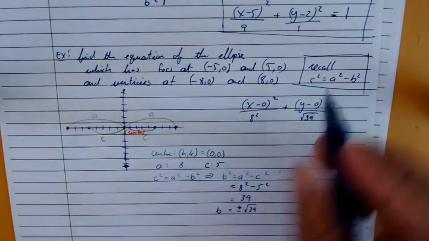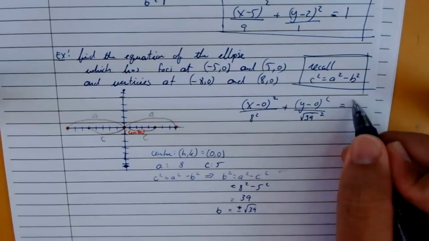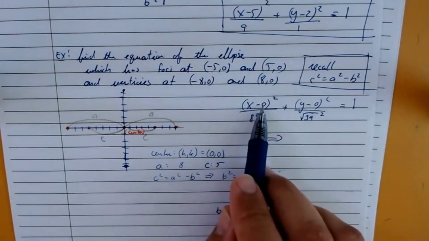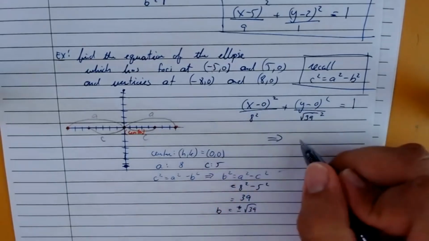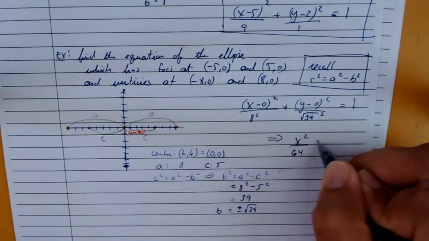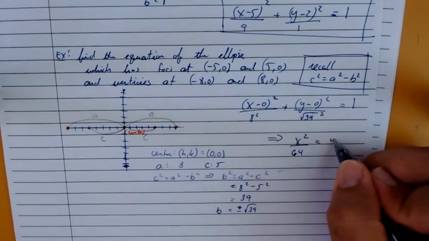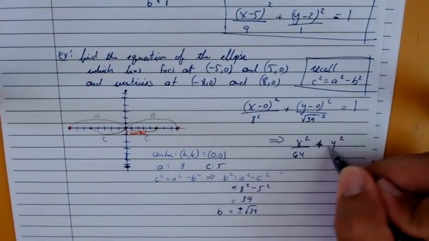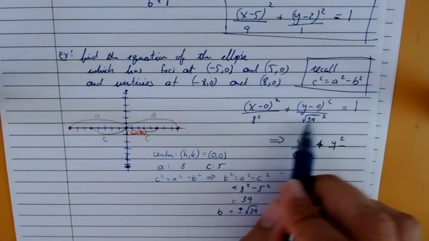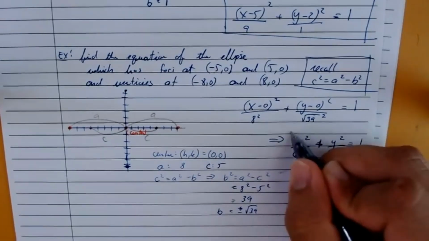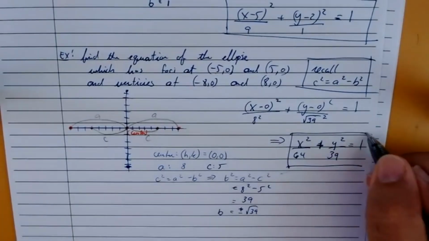All right, 5 is your c, and that's being squared, and that equals 1. But then that simplifies. x minus 0, that's just x, that's being squared, over 64, plus y minus 0, that's just y. Oh, sorry, that should be a plus, not an equals. Plus y squared over. The square and the square root cancel out, giving you just 39 is equal to 1. And that is our result.